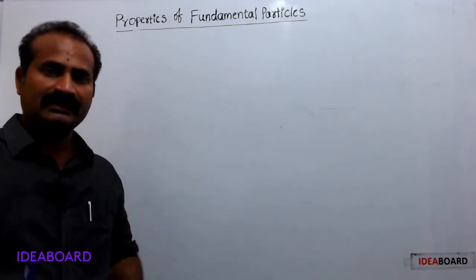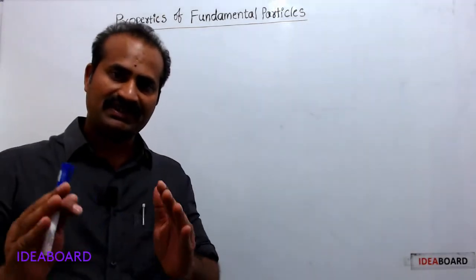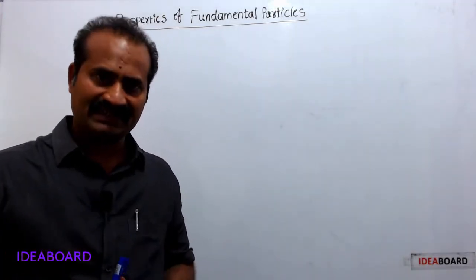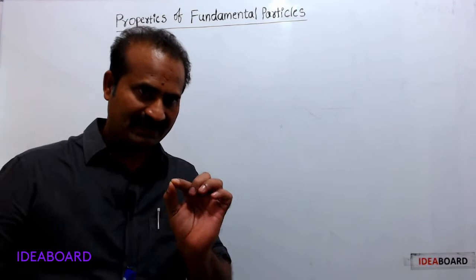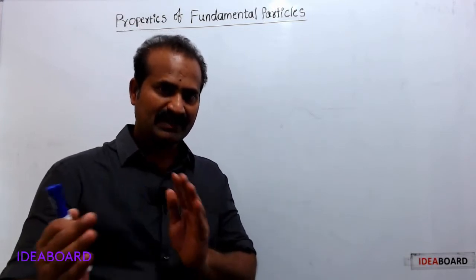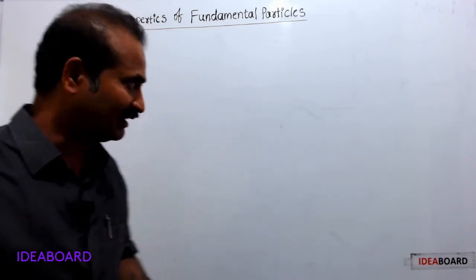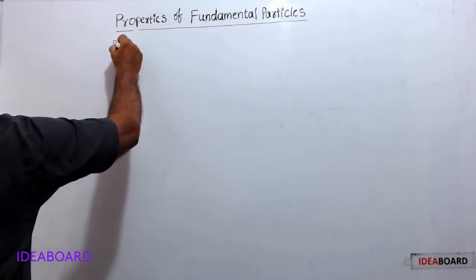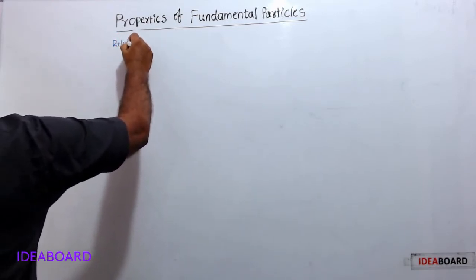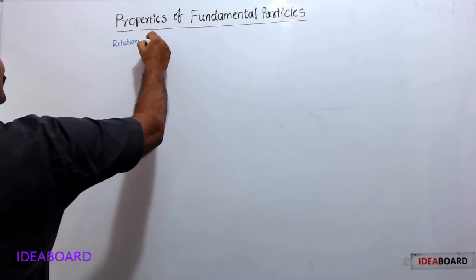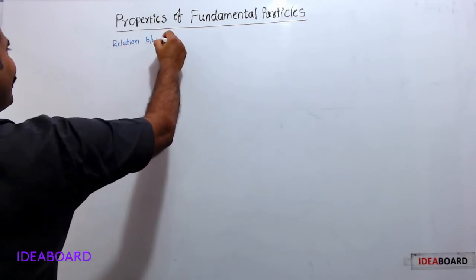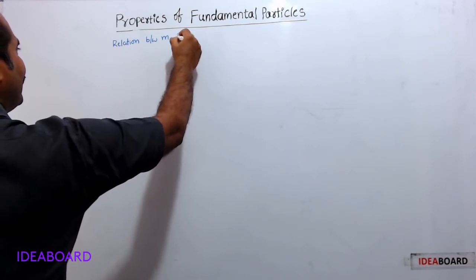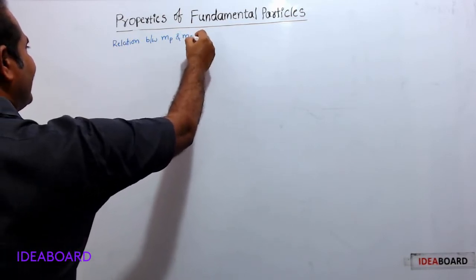Now we will see the charge to mass ratio, which is also called as specific charge. Before this we will see one small relation between the mass of proton and mass of electron.